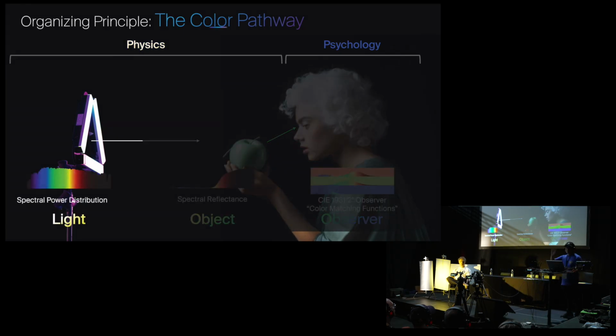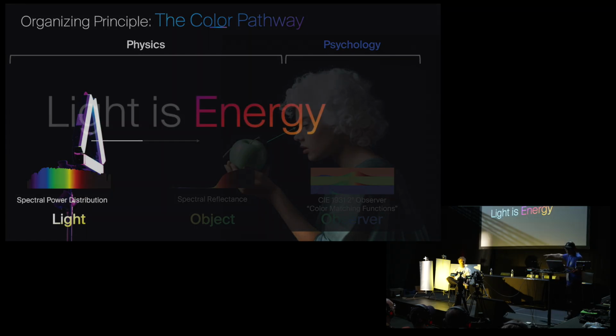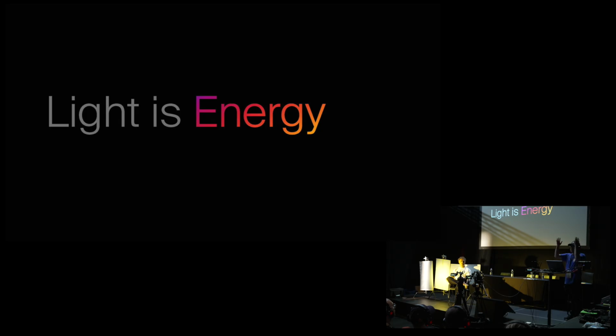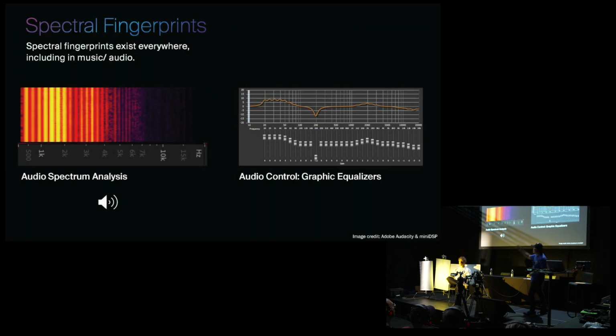So what we have to understand in this pathway is that we have a light that produces energy, and that is what light is. Light is not a color. Light is energy, right? And that energy can look like something like this, where you have all sorts of different portions of it. I'm going to skip through this.